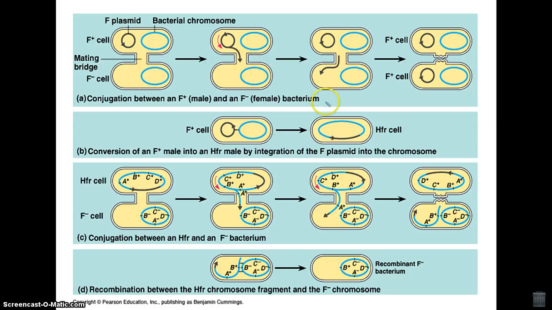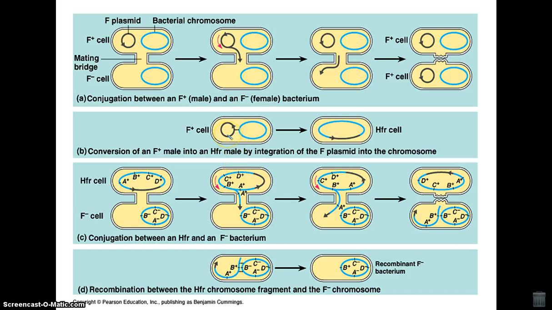And the last one that we'll look at here is just, real quick, the process that happens. And we can see on the upper left here, here's the F+ cell. So this has the F plasmid, and cells that don't have it are F-. And so here is the mating bridge of the sex pilus, and what will happen is there will be a transfer. We'll copy that gene, and that new plasmid is now in the previously F- cell, and we have now transformed it into an F+ cell.